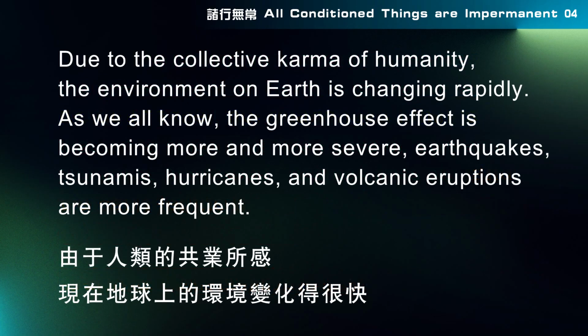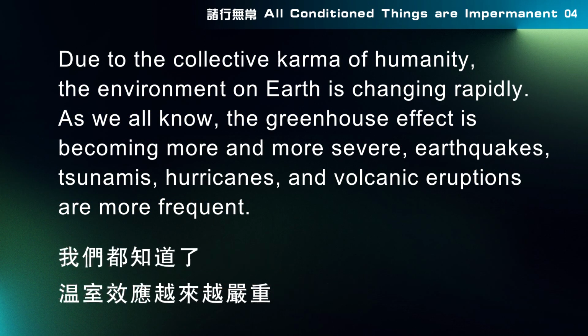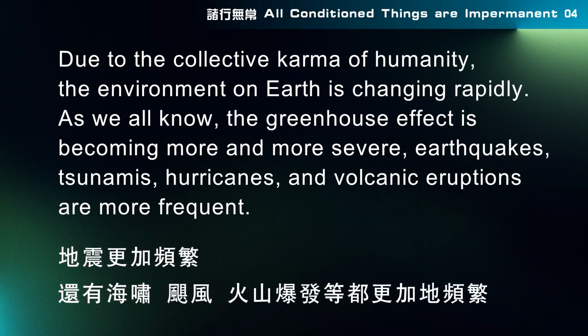Due to the collective karma of humanity, the environment on Earth is changing rapidly. As we all know, the greenhouse effect is becoming more and more severe. Earthquakes, tsunamis, hurricanes, and volcanic eruptions are more frequent.